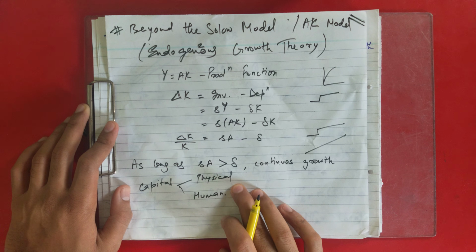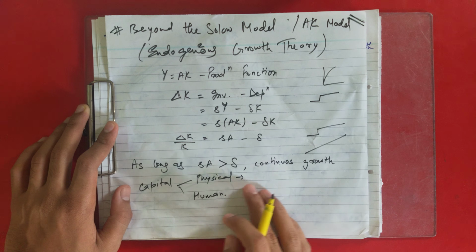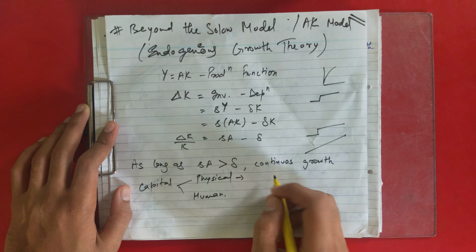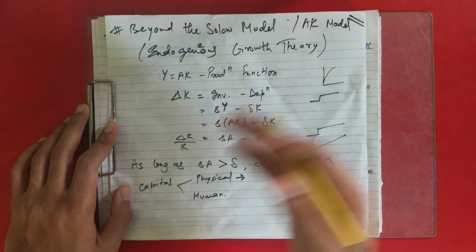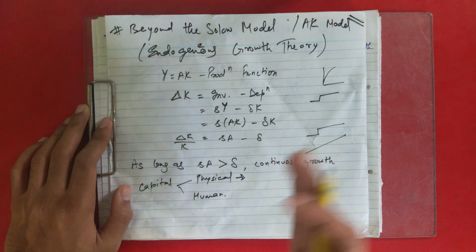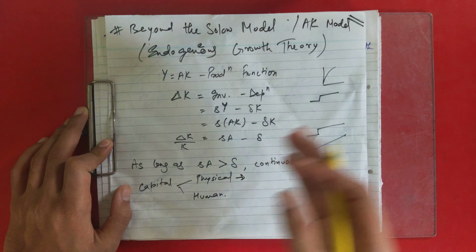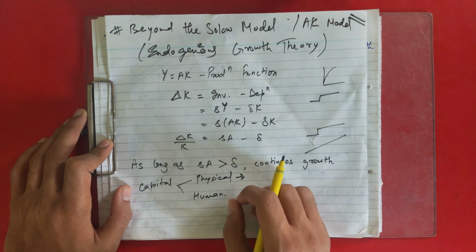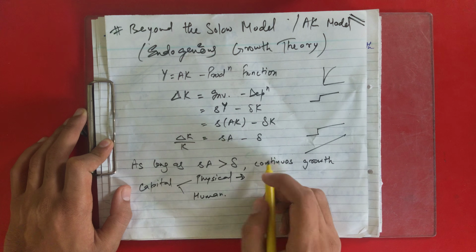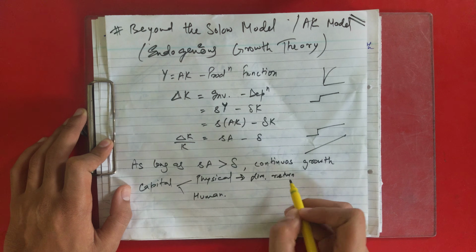So it is natural to assume that physical capital, as we are already studying, will have diminishing returns, because as you use the machinery it gets older and older, and in the starting it gives more return, and eventually it gradually starts reducing. So it is natural to assume that it will give diminishing returns to capital.